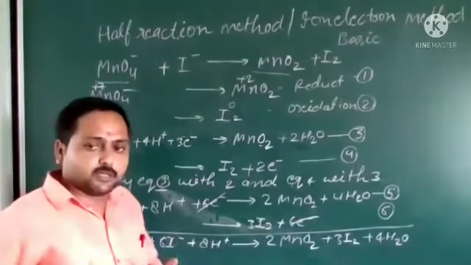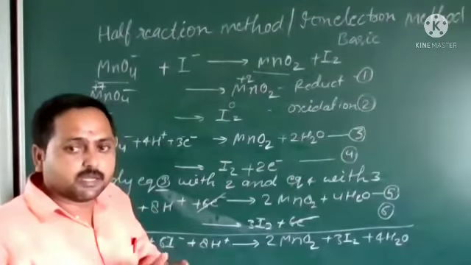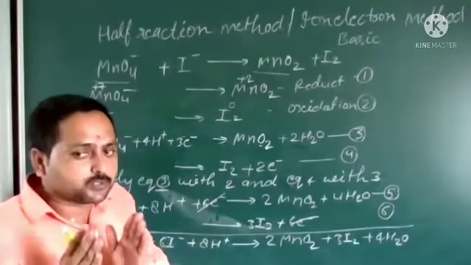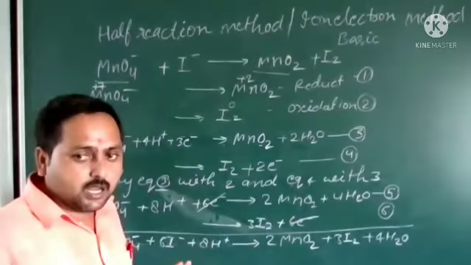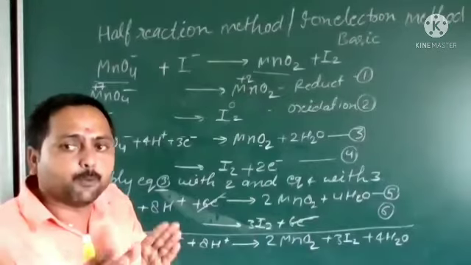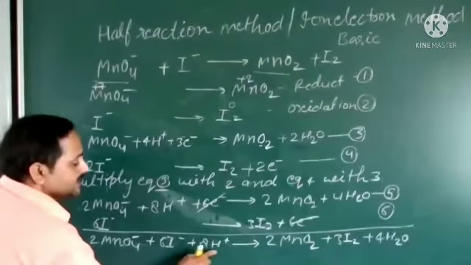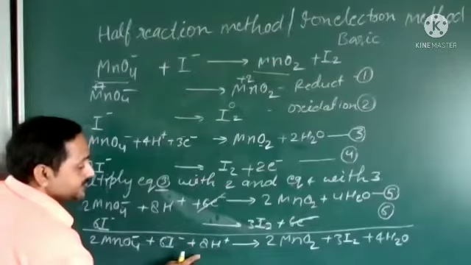Next, being basic medium, now we are going to do the exercise. In a basic medium, however many hydrogen ions are present in this equation, that many OH minus will be added on both sides. How much H plus is here?